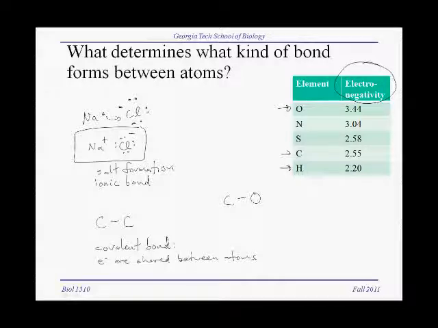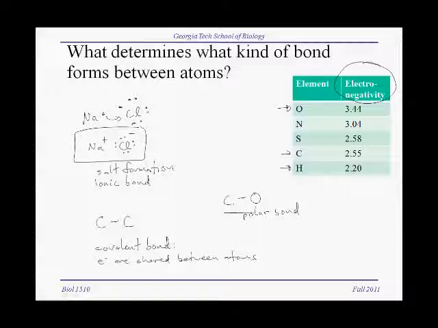It's still a covalent bond because the electrons are shared between them. But it's a polar bond because the electron spends more of its time around the oxygen, so that the oxygen has a slight negative charge and the carbon has a slight positive charge. The same thing happens when oxygen and hydrogen get together. So oxygen and hydrogen.